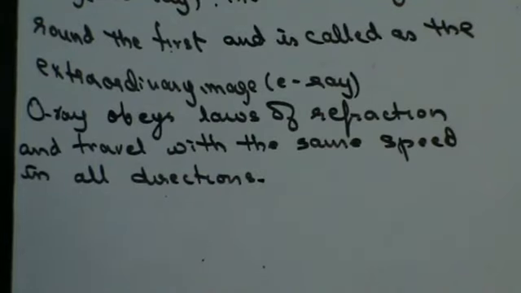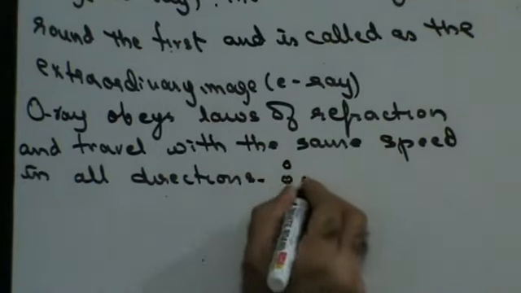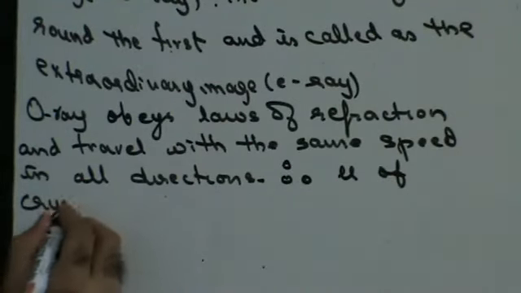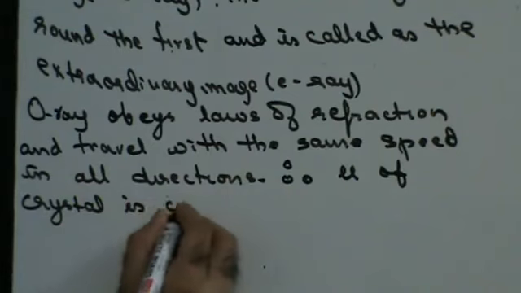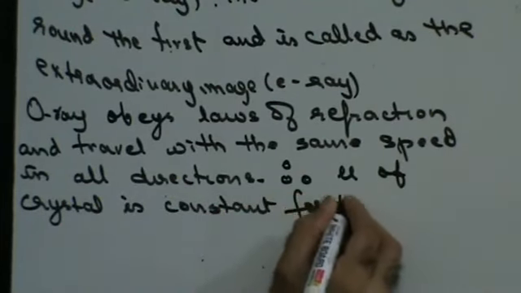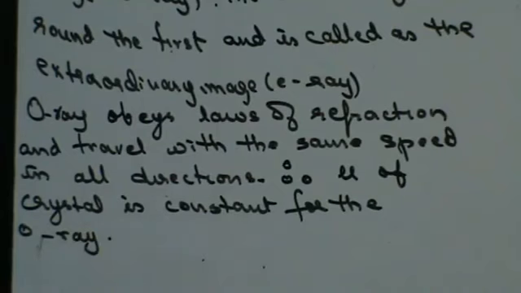Therefore the refractive index of the crystal is constant for the ordinary ray, the O ray. Right, that's your ordinary ray, the simple normal refraction.